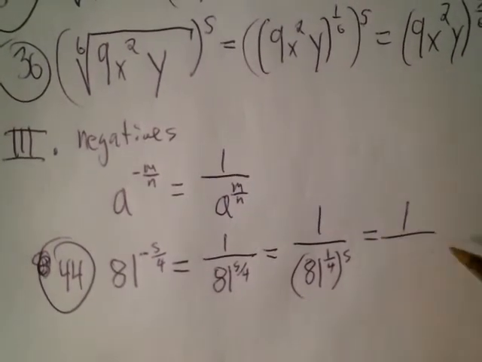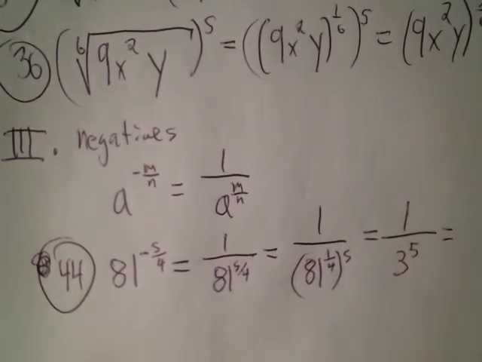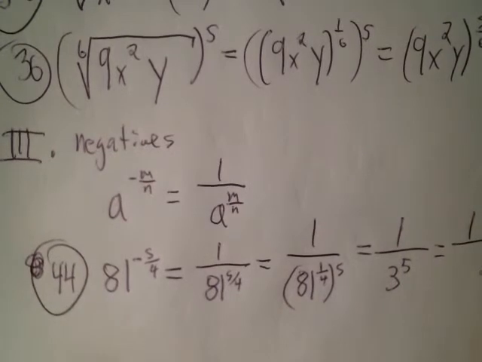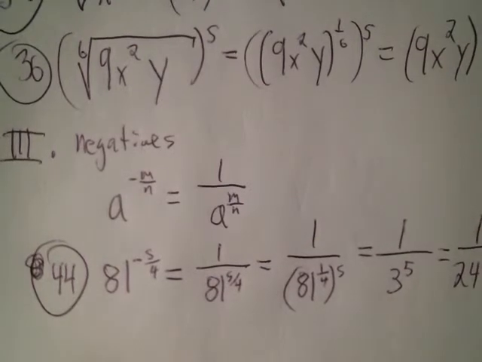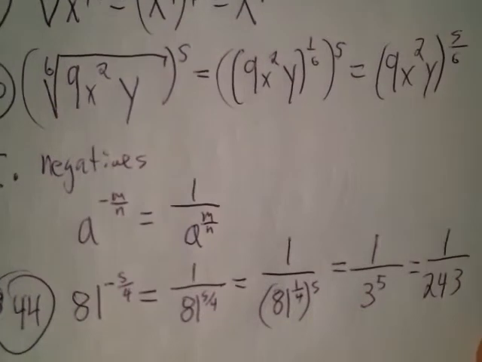The 4th root of 81 is 3. And then finally, 3 to the 5th power is 243. If you multiply it out, 3 times 3 times 3 times 3 times 3, you get 243.